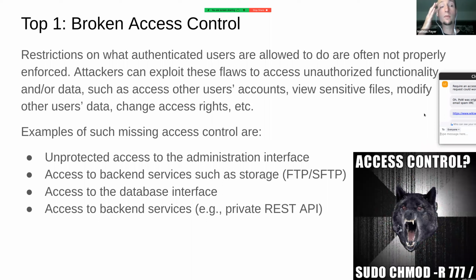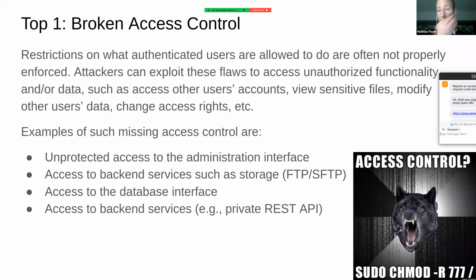Broken access control, which restricts what authenticated users are allowed to do. These restrictions are often not properly enforced, right? Access control manages what different users, logged in or not logged in, with different privileges, can do.